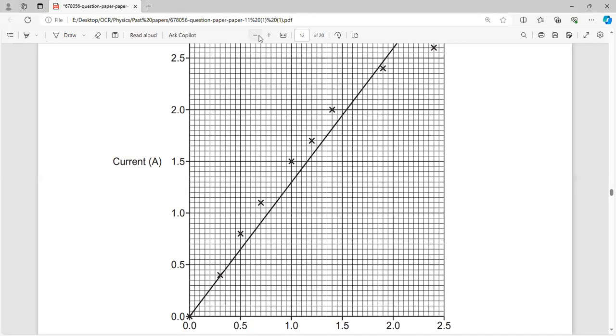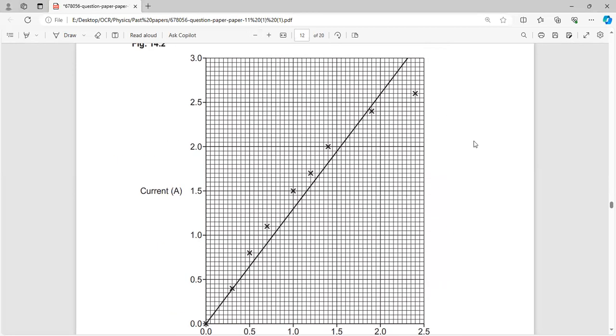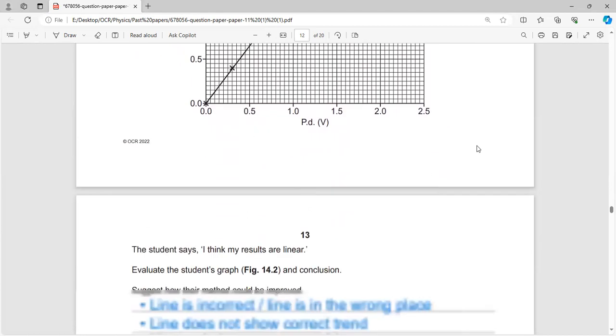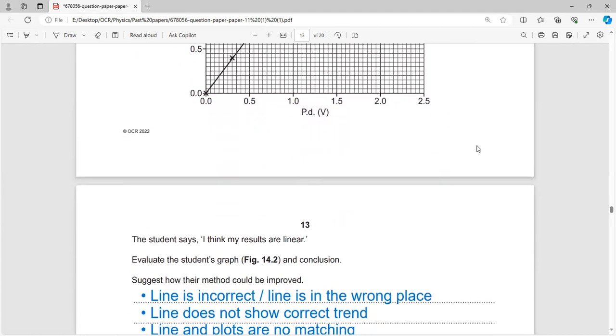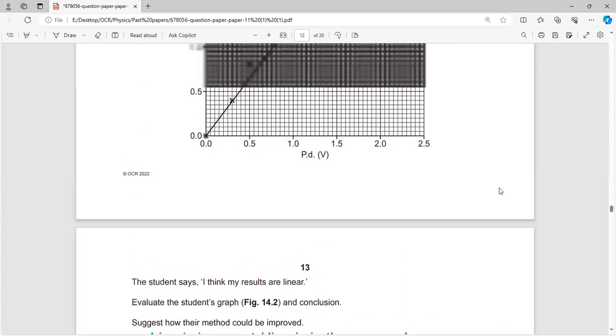Now we're going to move to the student who says, I think my results are linear. So evaluate the results, the student's graph and conclusion, and suggest how their method could be improved. We need to give a graph analysis, number one, then conclude, number two, and then write the improvement to the method.